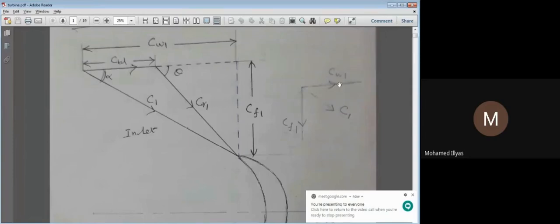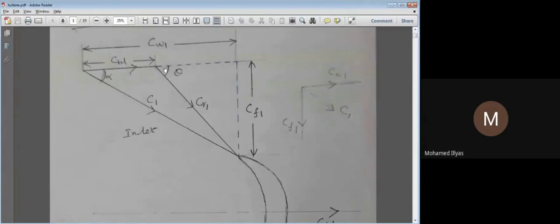This CW1 I have drawn as it is. The CF1 has to come here without changing its magnitude. I have just transferred it here, so that I can close the figure. It is a parallel line. CF1 should come here according to this, but I have just transferred it here and put CW1 as it is. In this way.